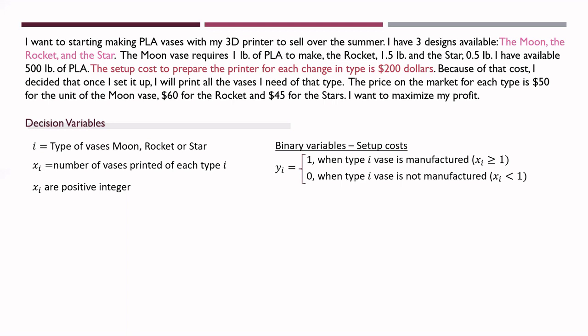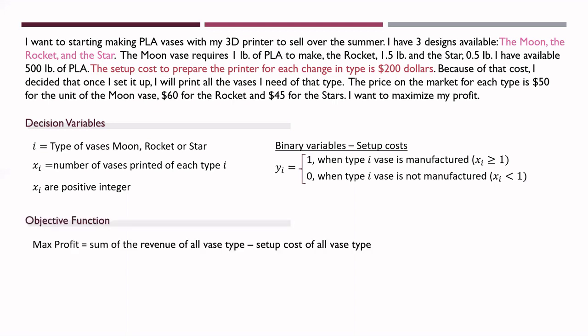I'm going to define y_i as a binary variable that is 1 when the type i vase is manufactured, or whenever x_i is greater than or equal to 1, and 0 when the type i vase is not manufactured, which means that x_i is less than 1.